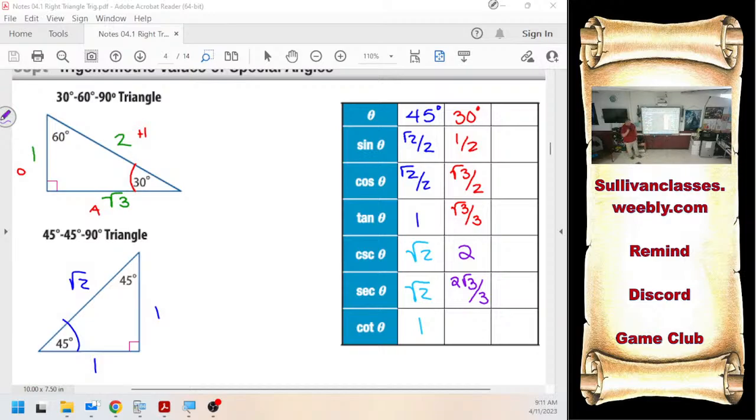Not just 3, close, root of 3. Okay? Because, again, if I do 3 over root of 3 and rationalize it, it's overkill to do that when I could say the cotangent is adjacent over opposite, just square root of 3 over 1.